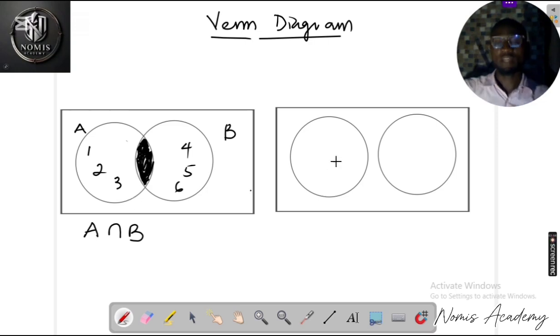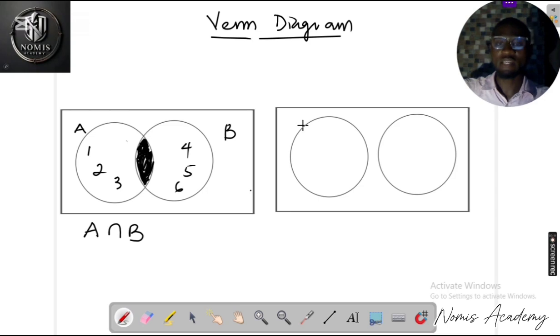Now let's deal with A union B. What about A union B? Now A union B says that the addition of the elements of the two sets without repeating anyone.